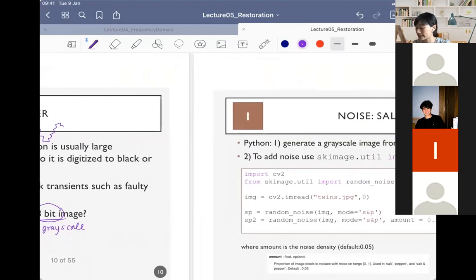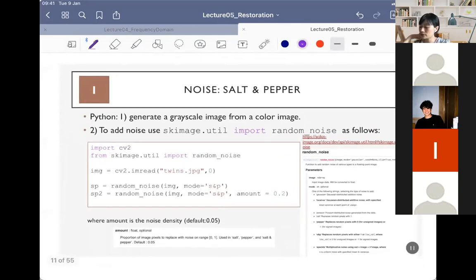Okay, so that's one type of noise. And in Python, when you want to play with image restoration, there are many different types of noise in the scikit-image library. You start by importing the scikit-image util, and there is a function called random_noise.